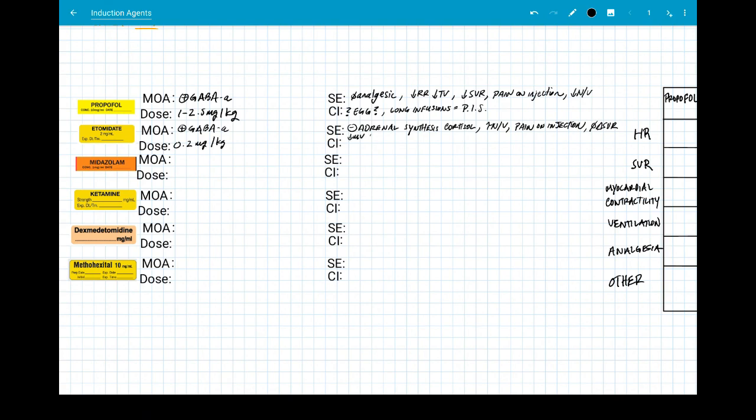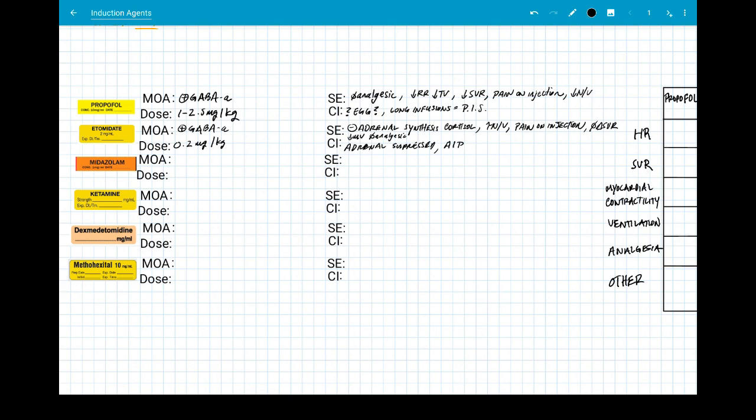And it has no analgesic properties. Contraindications is anybody that's adrenally suppressed. And then another important contraindication is anybody with acute intermittent porphyria.